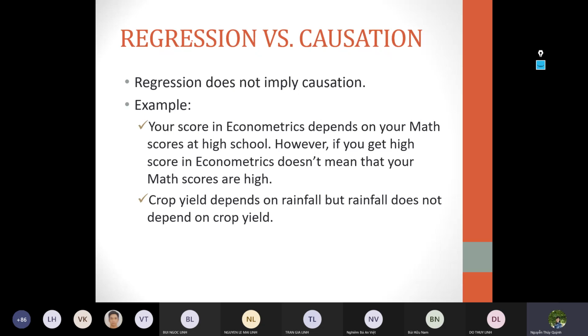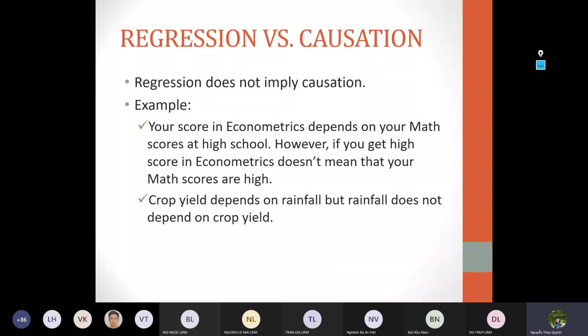When you do well in a math course, you will have a higher chance of obtaining a good grade in econometrics.